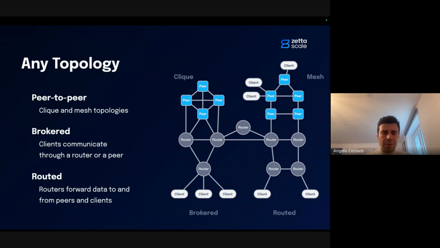Okay, now let's come to the topology, because this will also impact how we do security. Differently from, let's say, MQTT or DDS or some other protocols, in Zenoh there are no topological constraints imposed on you. So you want to communicate peer-to-peer, fine, you can communicate peer-to-peer in Zenoh. You want peer-to-peer to be a full clique, that's supported. That's the only model supported by DDS.